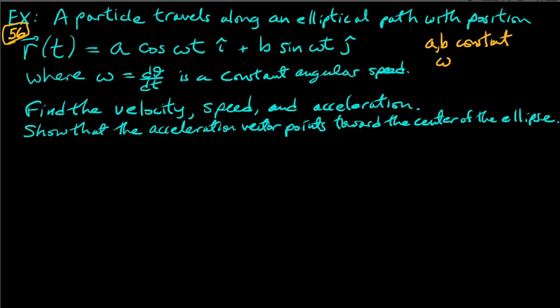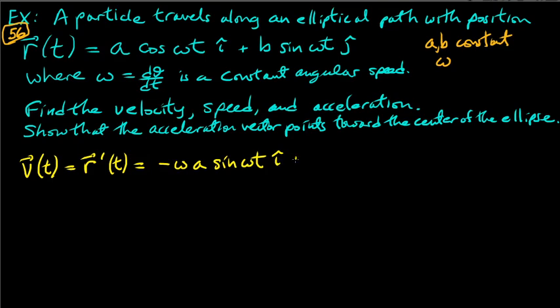So velocity is the derivative of the position. That should not be hard. And it will be a function of time too, of course. So v is a function of t, and will just be r prime of t. So I think you can handle that. There's a chain rule here, so you multiply by omega. So this will be minus omega times a times the sine of omega t, and that's the i component, the x component.